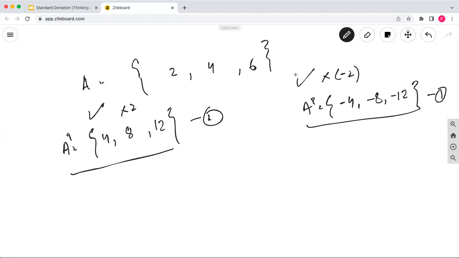No, because standard deviation actually measures the deviations from the mean. If you multiply by 2 or -2, you are increasing each value 2 times. The sign doesn't matter, because we are taking the squares, and in the last step we are taking the square root. So the negative sign doesn't matter here. And remember, standard deviation is actually a distance, and it can't be negative.